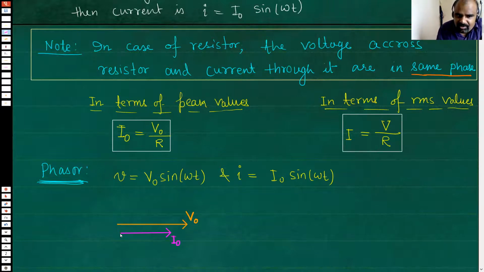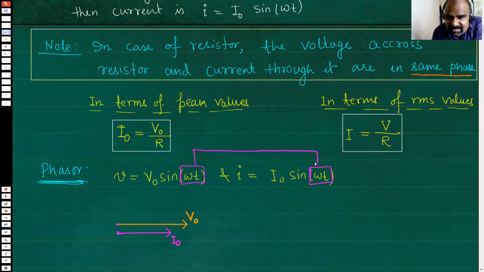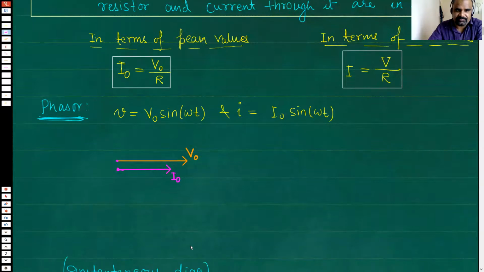Now, why are we drawing both the arrows in the same direction? Because look at the phase angle. Here the phase angle was omega t, and here also the phase angle is omega t. Since they are in the same phase, and we wrote also in the case of a resistor, the voltage across the resistor and the current through it are in the same phase, there is no angle difference here. So that is why the voltage phasor and the current phasor will be in the same direction.